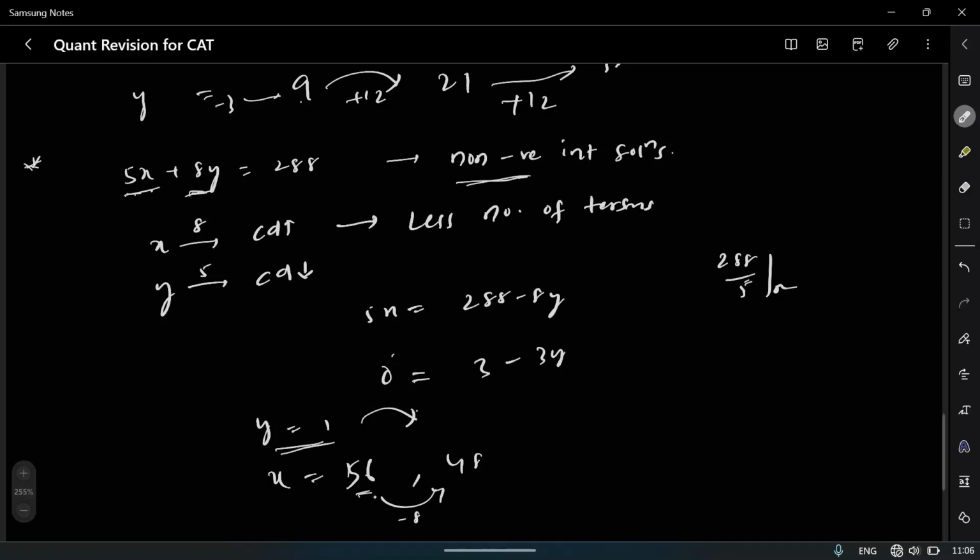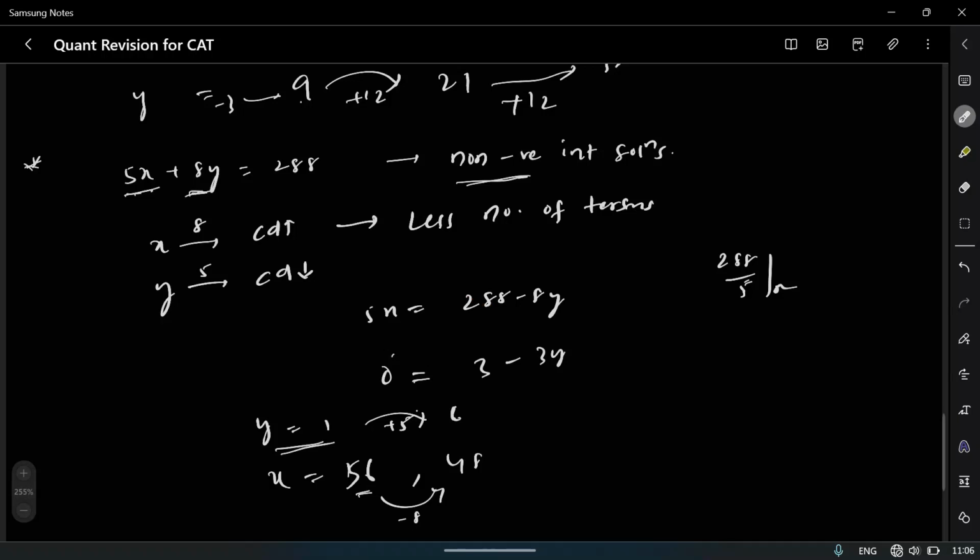When we add the common difference for one variable, you have to subtract the common difference for the other. So for y we have to add 5, since we are subtracting 8, which gives 6. If you want to cross check it, you can verify it by keeping this 48 here and y equals 6 here.